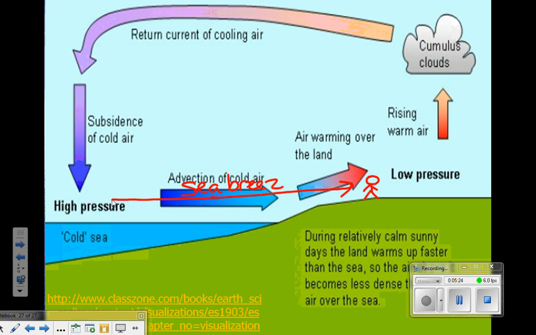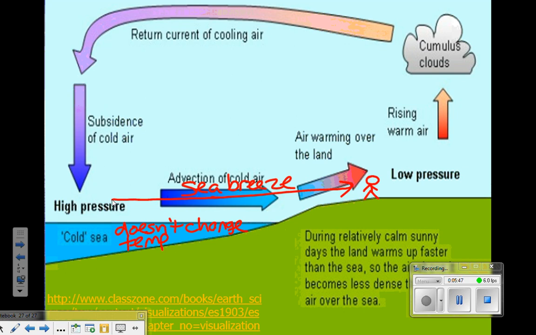Well, why is that sea breeze coming? Because this water here, the ocean, pretty much stays the same temperature. It doesn't change. However, the land reacts quite more to the sun.